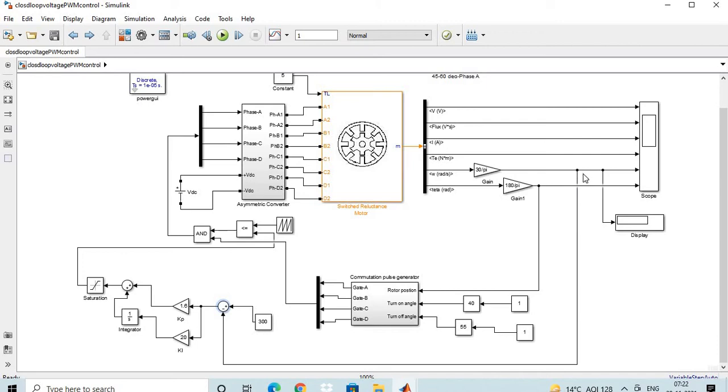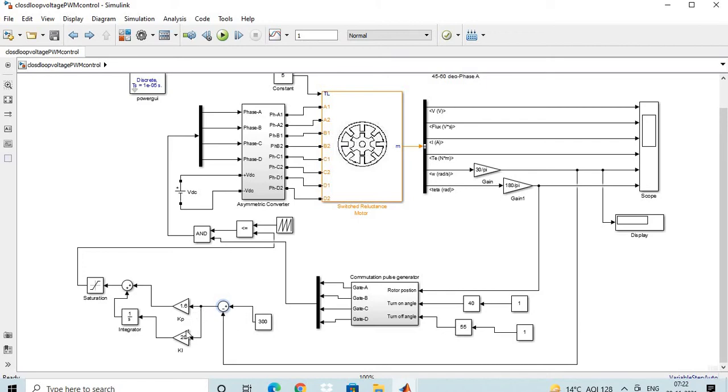To take the feedback of the actual speed of the motor, we have connected the minus sign with the actual speed. That means the difference of reference speed and actual speed is nothing but the error.